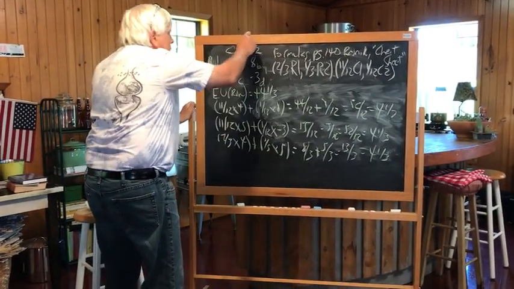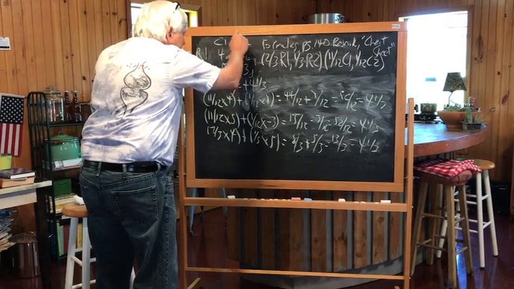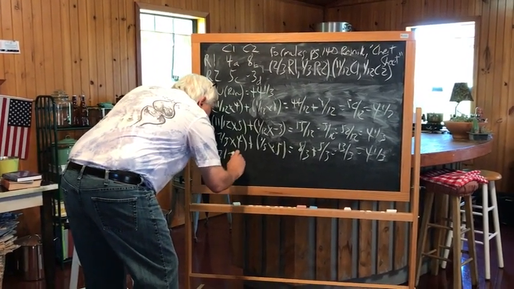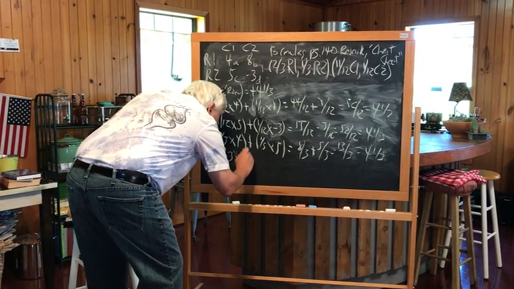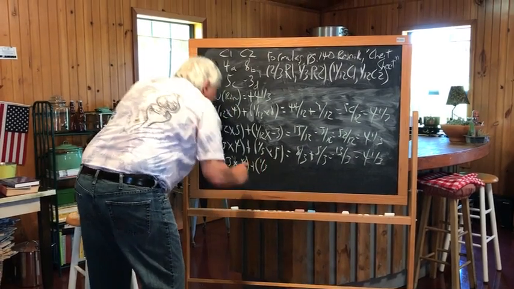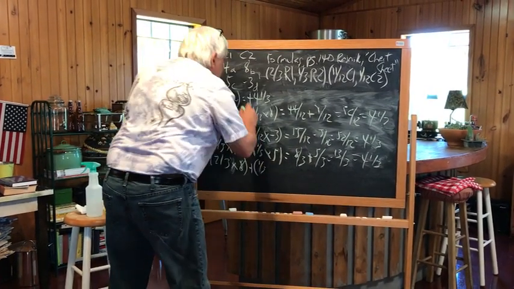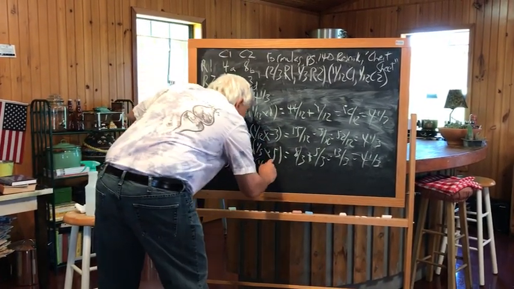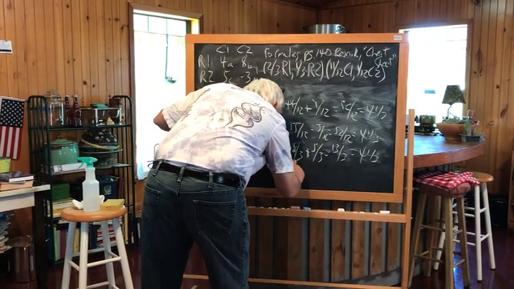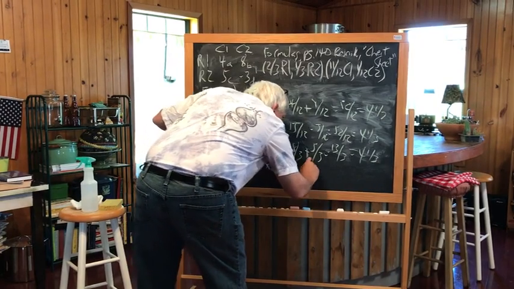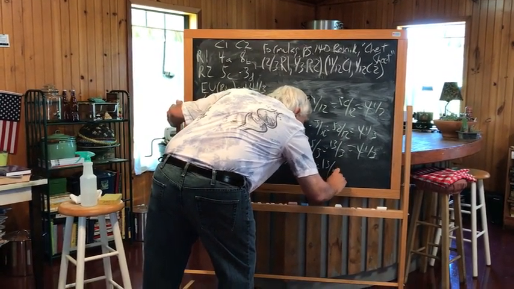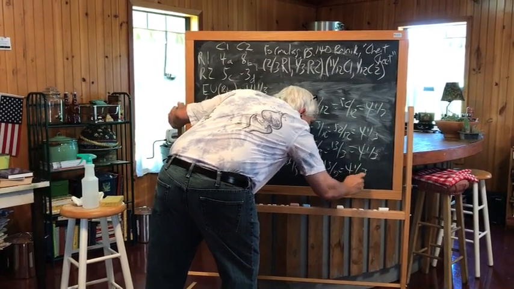Or we can calculate the value of, in this case, column 2. That's the probability of row playing R1, 2/3, times the value, plus the probability of row playing R2 times the value, minus 3. And that's going to equal 16/3 minus 3/3 equals 13/3 equals 4 1/3.